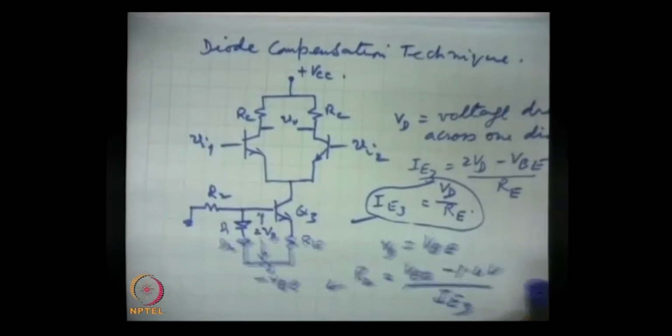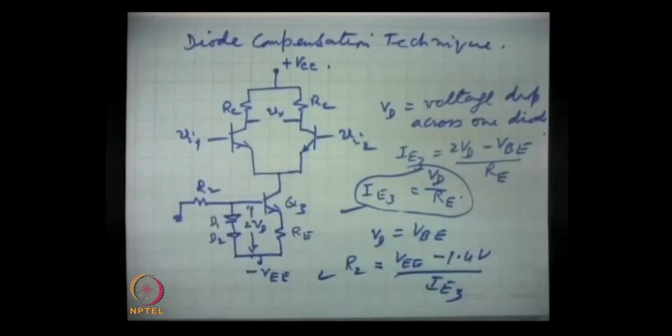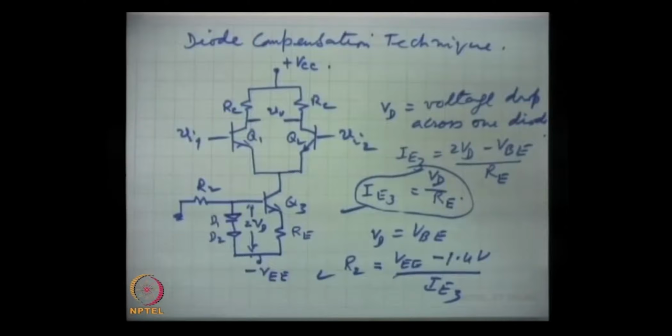Now, this is an ideal situation. This assumes that the two halves, Q1 and Q2, are 100% identical.